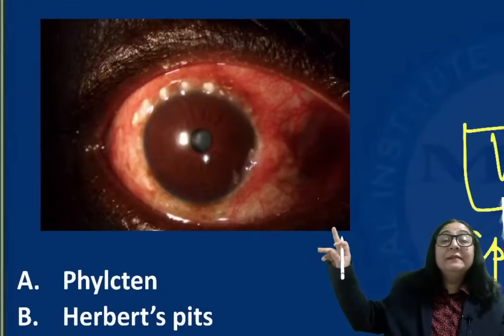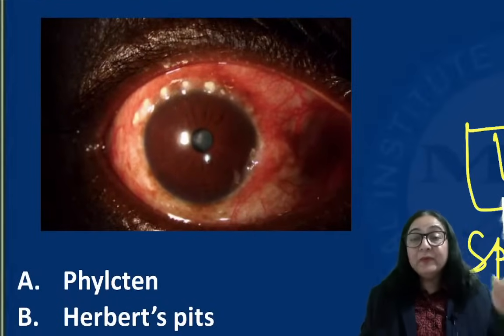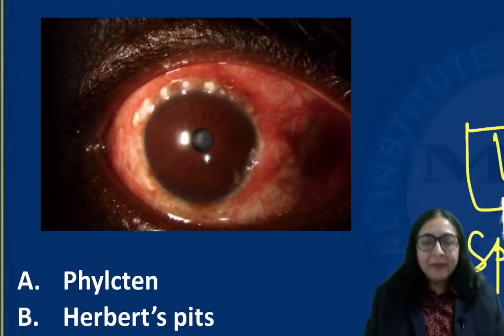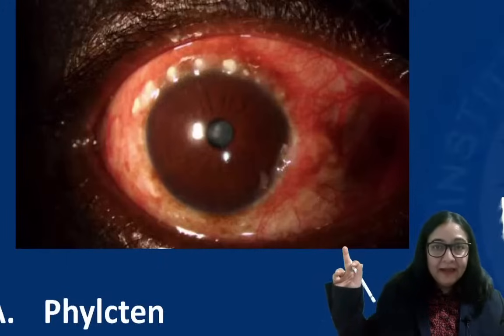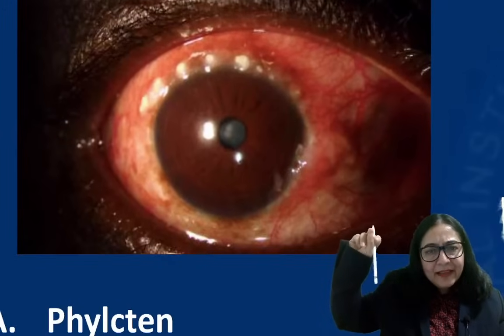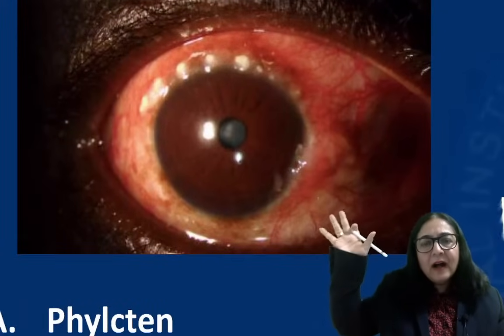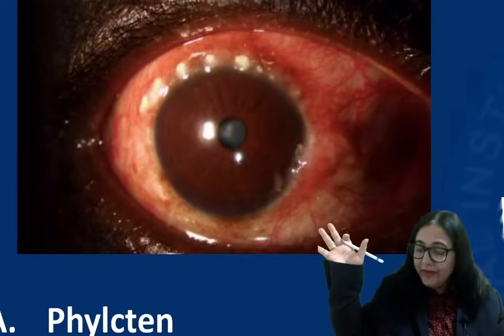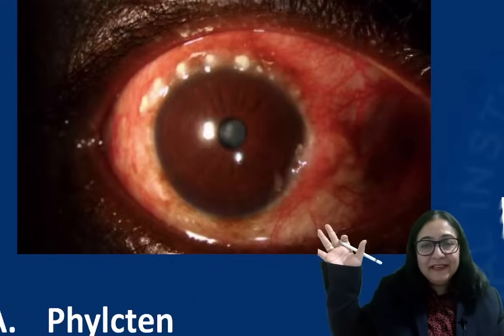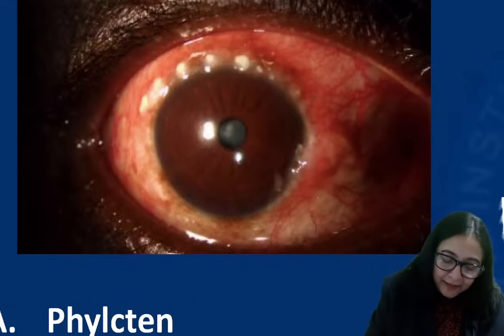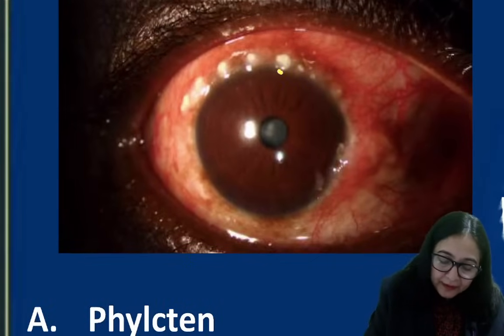Now coming to the image here. What do you see in the image, my dear friends? You see the eye is red, and you are seeing these raised lesions around the limbal area. See here, these gelatinous raised lesions around the limbal area.